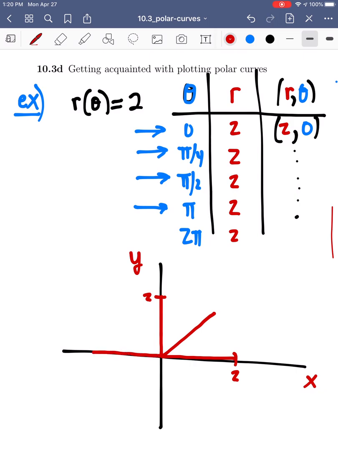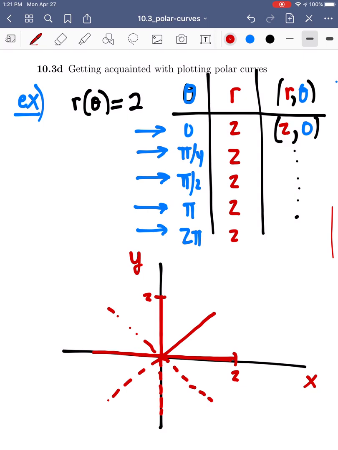And you can probably guess, well, at every single angle we could consider, since r is always going to be equal to 2, we are always moving a distance of 2 away from the origin, no matter what angle we're at. Whether we're at an angle of 7 pi over 4, 3 pi over 2, 5 pi over 4, 3 pi over 4, etc., we're always a distance of 2 from the origin.